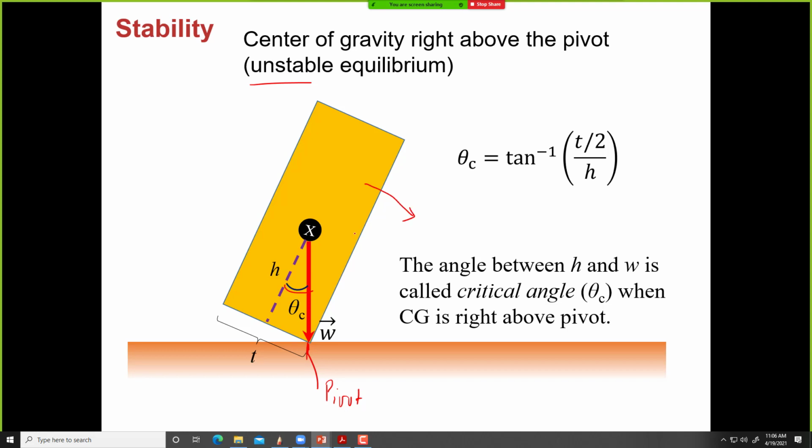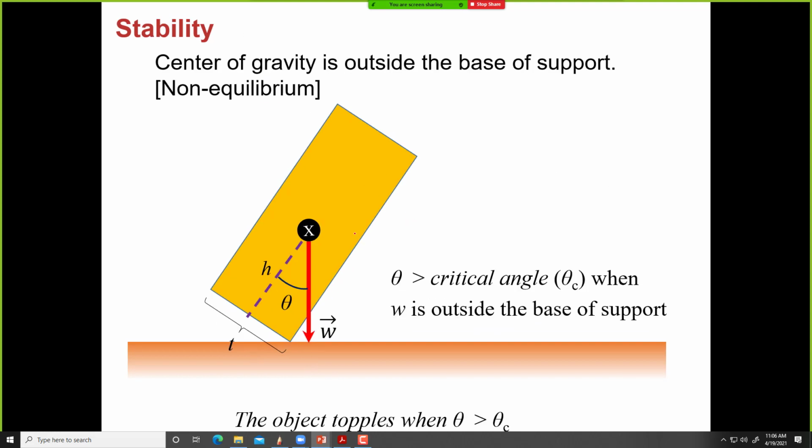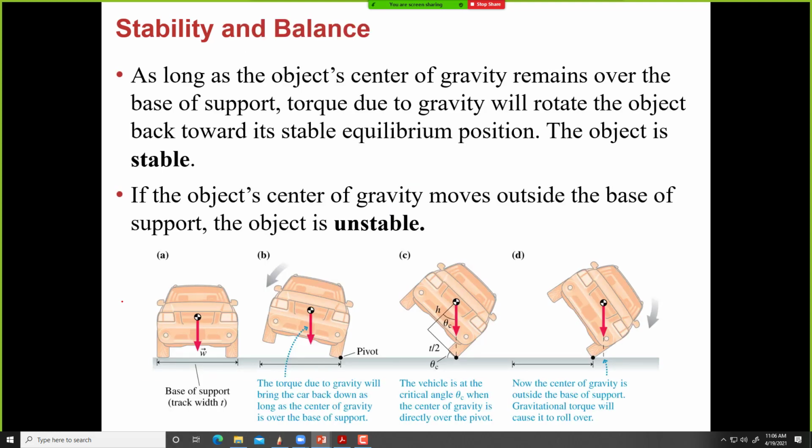Okay, so any angle greater than theta c, the object will go to the unstable state or non-equilibrium state. So in a real life scenario also, if your car is tilted up to critical angle, your car can still go back to this stable state. But once the angle is above critical angle, then your car will roll over. Okay.